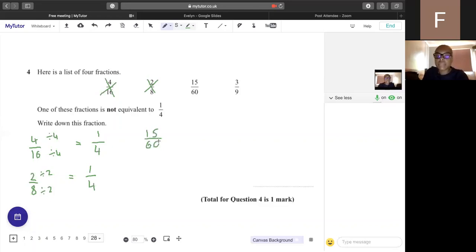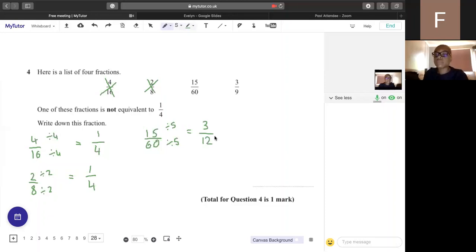Let's try 15/60. Now, they're both multiples of 5 because one ends in 5, the other one ends in 0. So we can divide by 5 for each one. So we've got 15 divided by 5, which is 3, and then 60 divided by 5, which is 12.